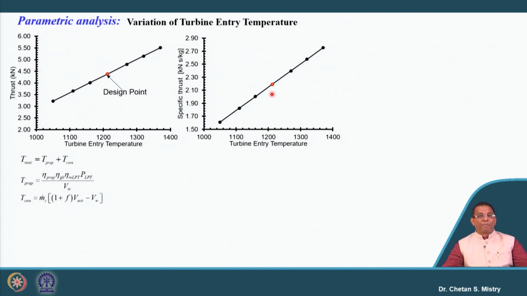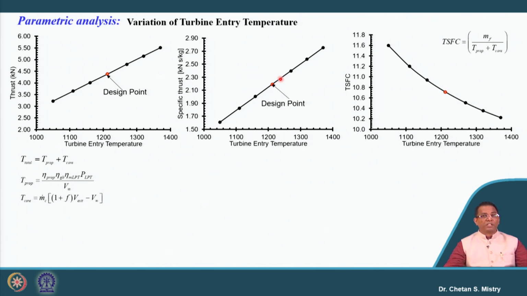Let's look at what is happening with the thrust specific fuel consumption. Any guess for that? What we have discussed in the turbojet engine and in our turbofan engine, the same trend will be happening here. With increase of turbine entry temperature, our thrust specific fuel consumption will be reducing.